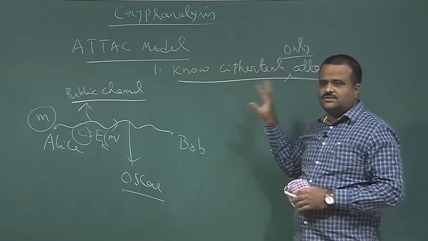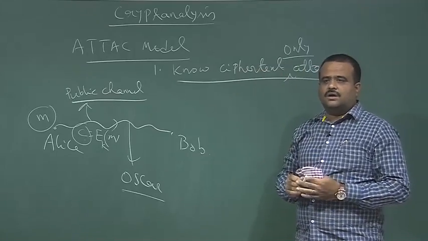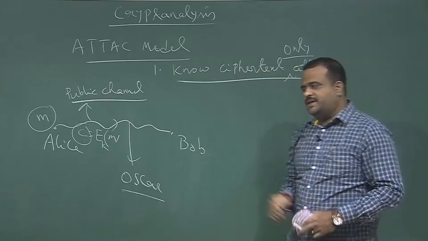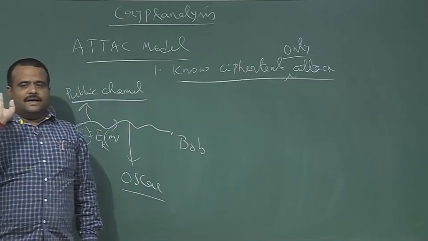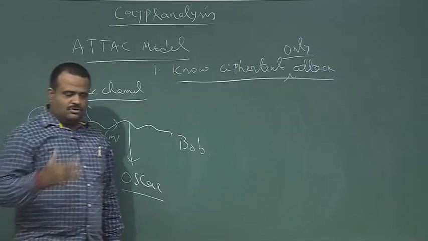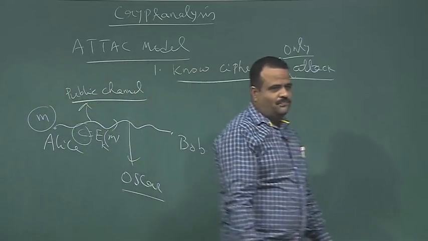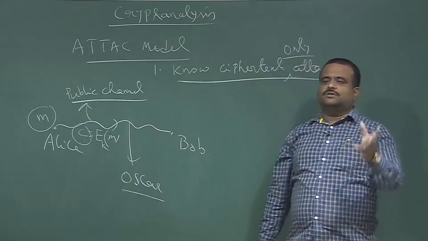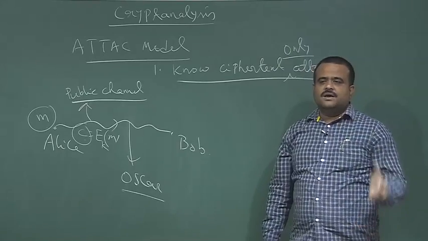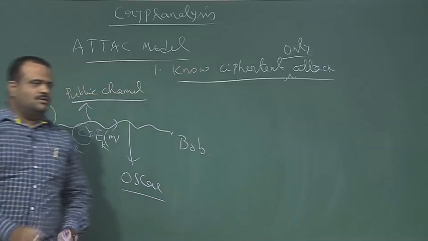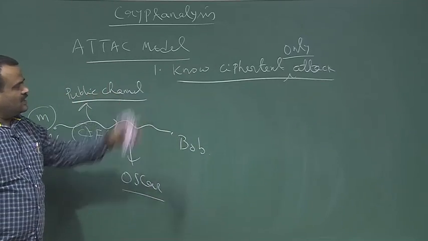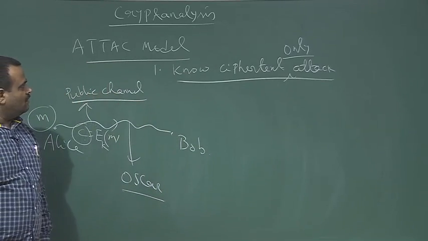This is the more secure scenario. We are not giving any extra facility to Oscar. Oscar only has access to this public channel, which is quite obvious to assume, because if we say that we will not allow Oscar to listen to what is being communicated over the public channel, nobody will believe you. So your scheme should be secure at least under this model.